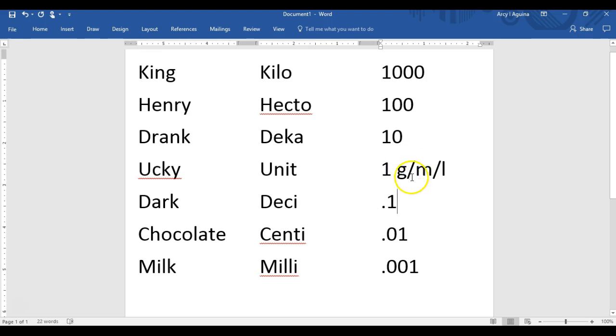So 1/10 of a gram is equal to 1 decigram. 1/100th of a gram is equal to 1 centigram. 1/1000th of a gram is equal to 1 milligram. Or you can flip that the other way around, and you can just remember there's 1,000 milligrams in 1 gram. And I'll show you what I mean when we get to examples like this.